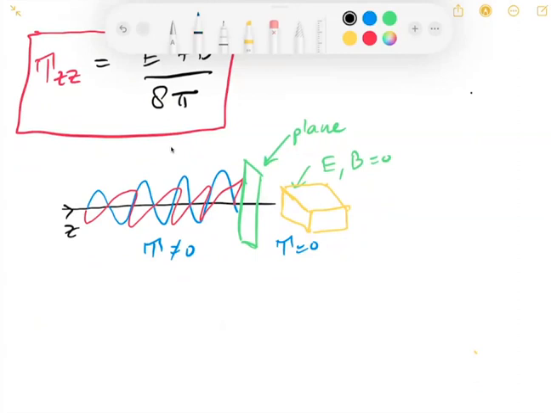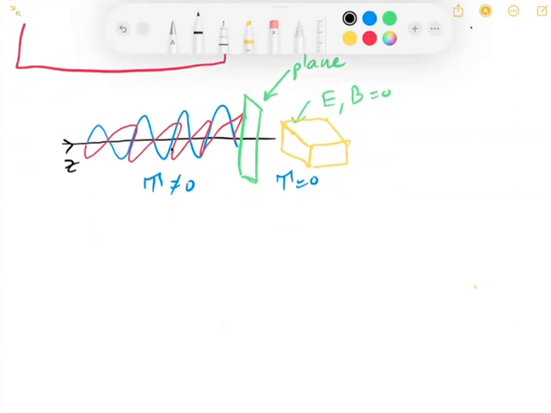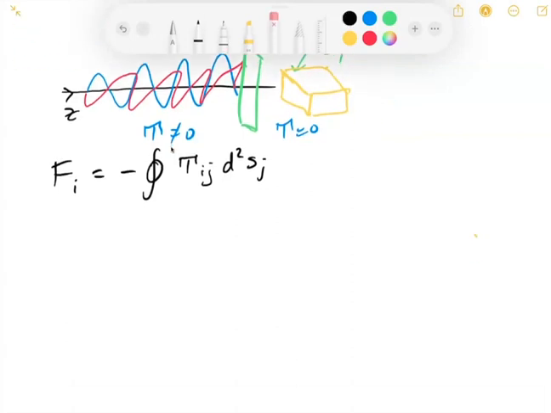Okay, so now the Maxwell stress tensor comes into play as follows. So we have this force in the i direction. It's minus that integral of the stress tensor Tij, where we look at the d2Sj normal. Okay, so the only thing that we pay attention to is the z component, because it's the only one that has non-zero entries.